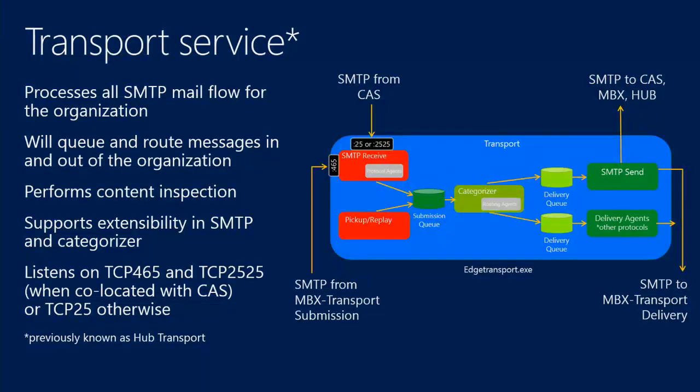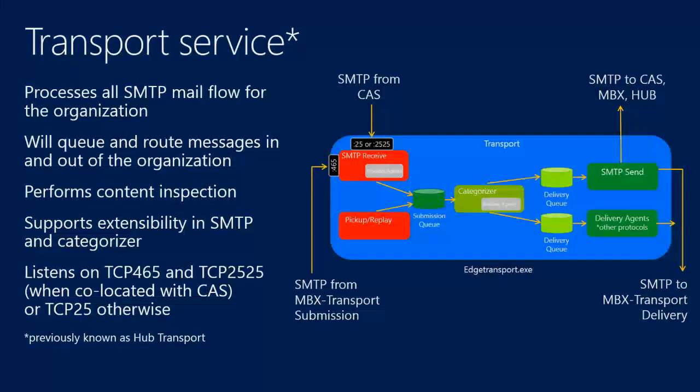Once a message comes in through the SMTP receive, the routing agents are enacted. The message is placed into a submission queue. That message is then categorized. We'll bifurcate that message if need be and place the message or messages into corresponding delivery queues. Those messages will then be submitted via the SMTP send and sent on their merry way to whatever that destination is. That destination could be a client access server role.